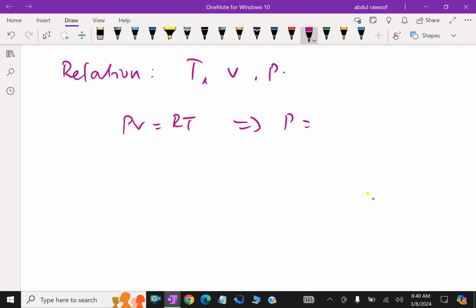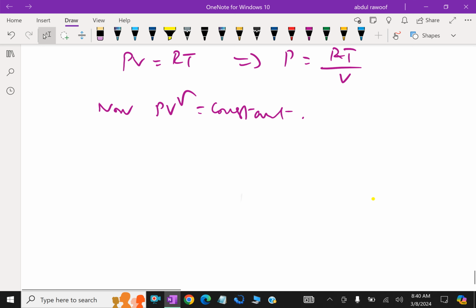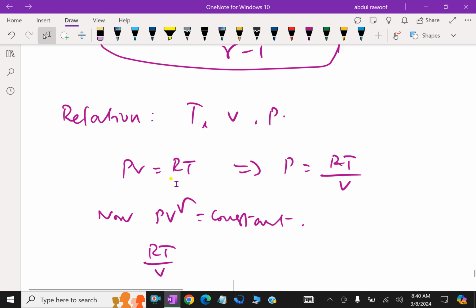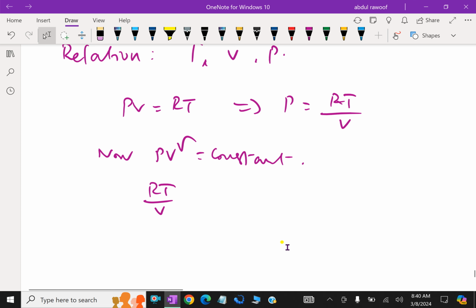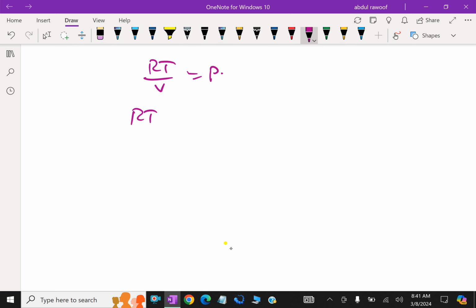In that, P equal to RT by V. By putting this value in PV power gamma equal to constant, we have RT by V into V power gamma equal to constant.